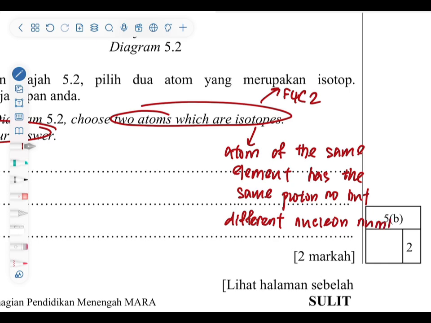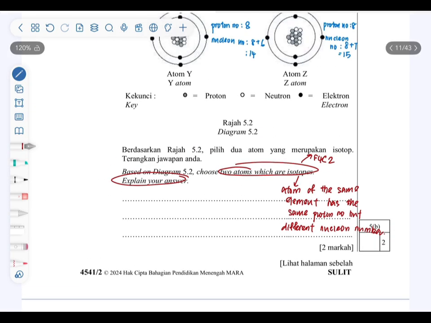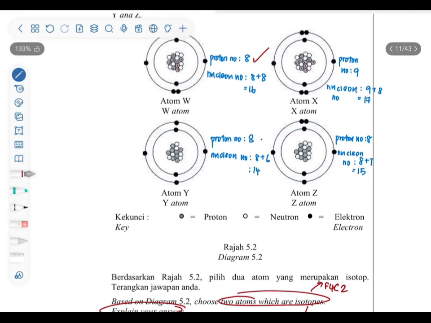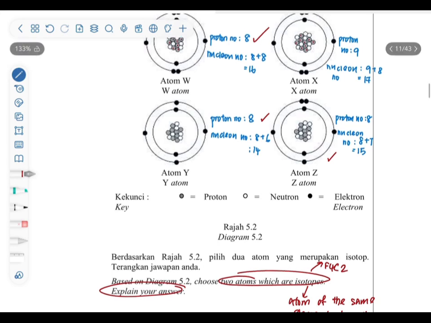So in order to solve this kind of question, since it already gives you the diagram of each atom, you need to calculate one by one the proton number and the nucleon number. Okay, for this question, I don't know whether it is a confusion or a mistake in the diagram or question, because it only wants us to choose two atoms.